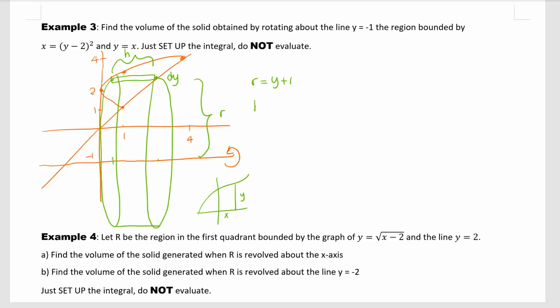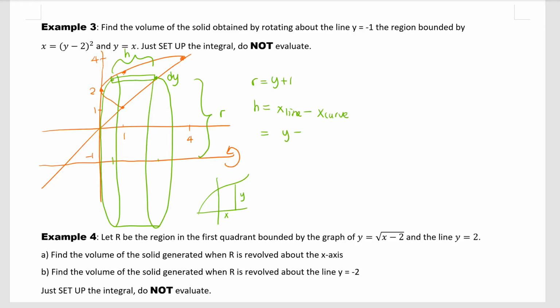How about my h? My h is going to be the difference between them, but those are horizontal distances. So for horizontal distance we use x, the bigger one, which is the function on the right. This is the x on the line minus the x on the curve. The x on the line is y, because x equals y.